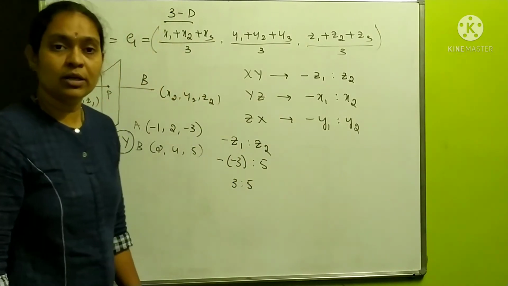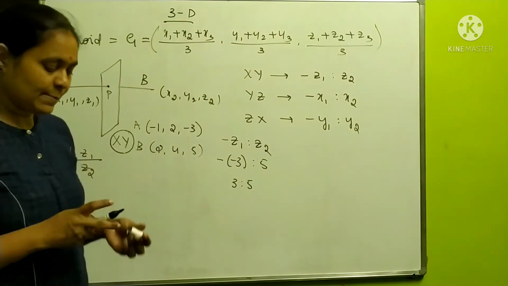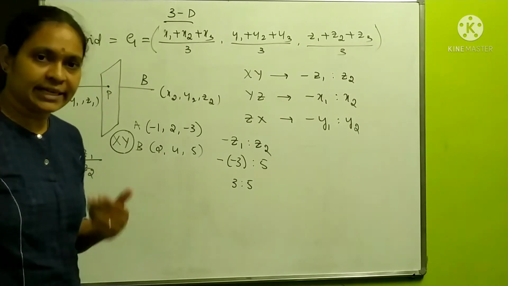You know that if the ratio is positive, we call it internal division. If the ratio is negative, we call it external division.